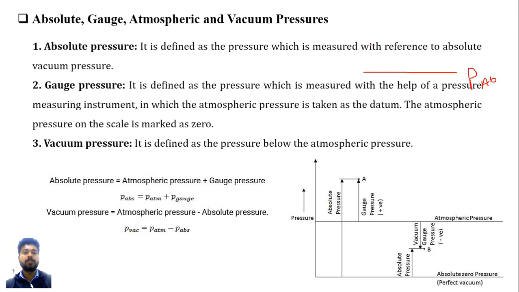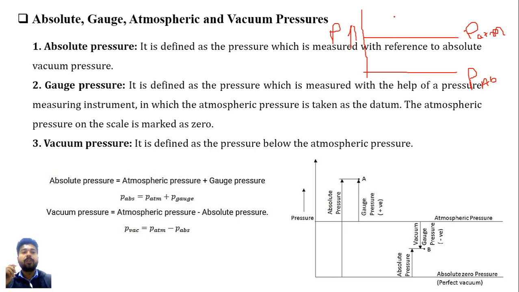This vertical line is the pressure, P. This P absolute line is the zero, or vacuum, pressure. As we live in atmospheric pressure, this line is called P atm, the atmospheric pressure line.